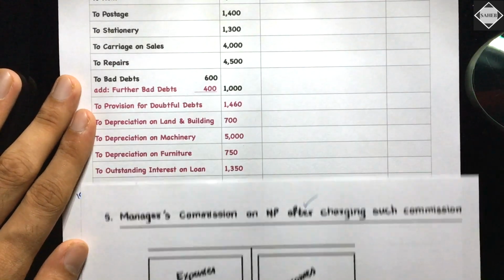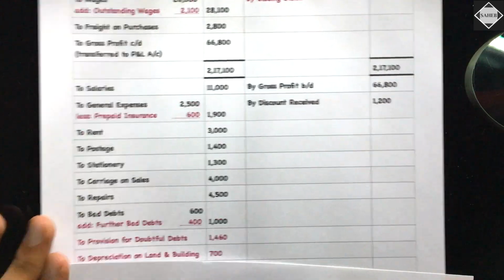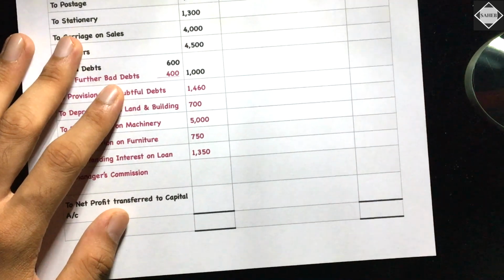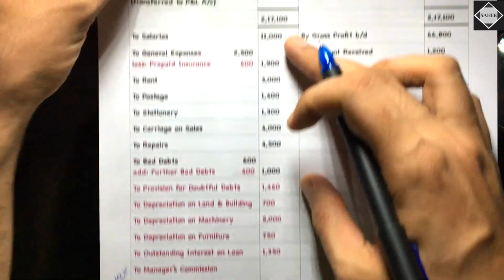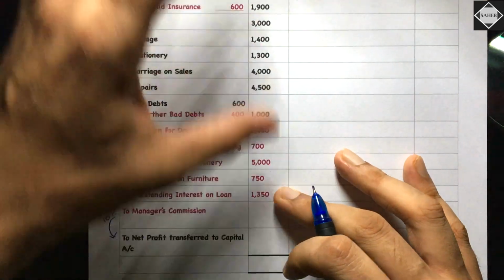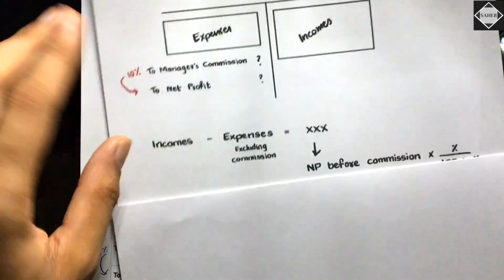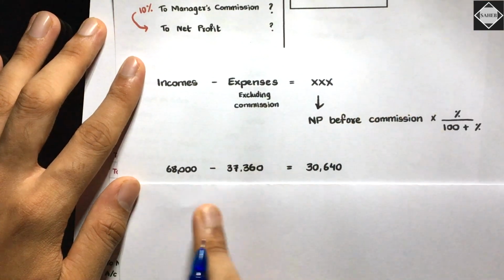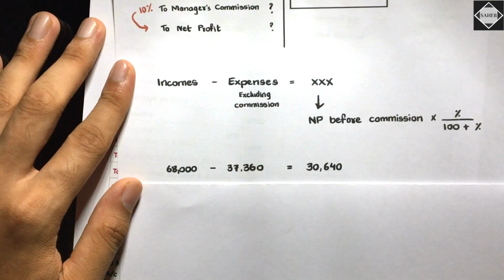So if we take all the incomes, 66,800 plus 1,200, that is equal to 68,000, right? Then if we add all the expenses, 11,000, 1,900 and all these expenses excluding manager commission, I have written it already. 68,000 incomes as I just showed you, and all the expenses equal 37,360.